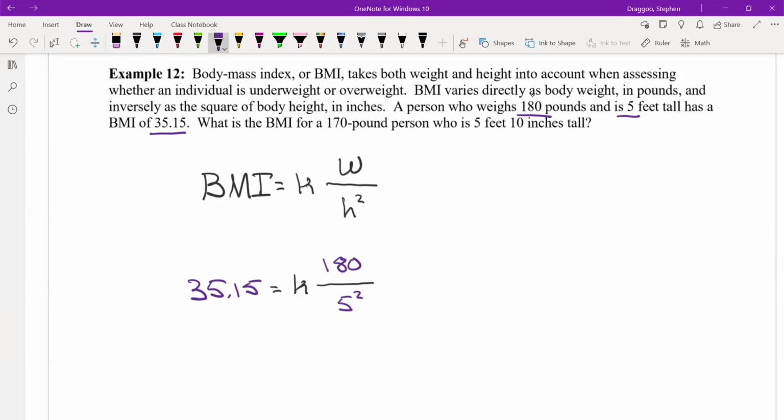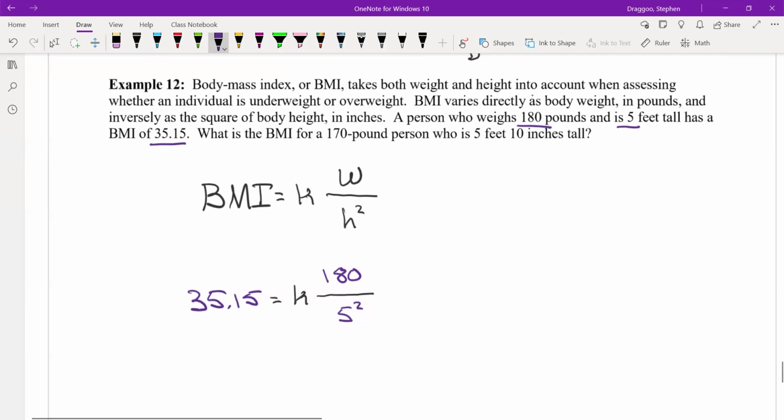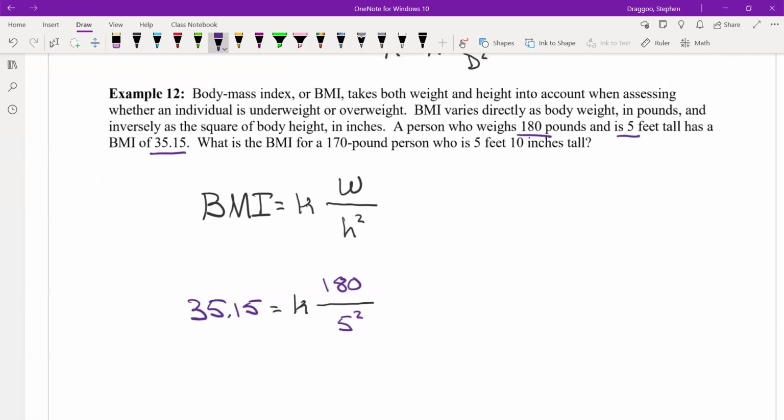But hang on, be careful here. Read the question a little bit more carefully. Varies directly with body weight in pounds and inversely with the square of body height in inches.